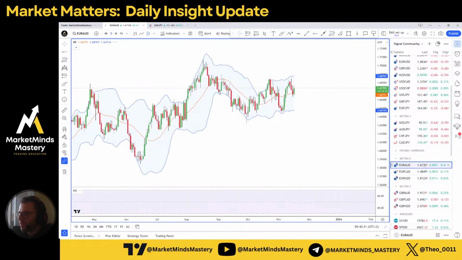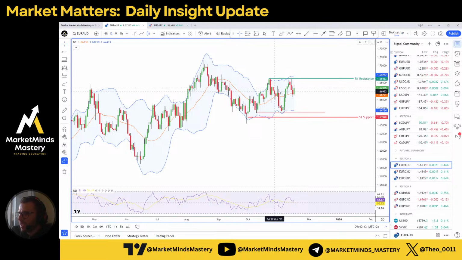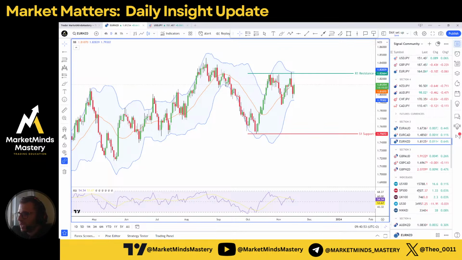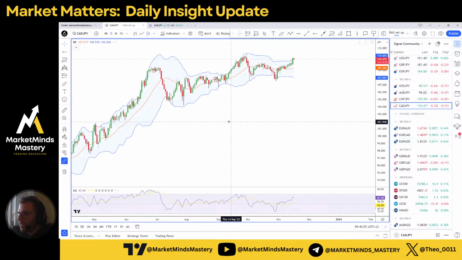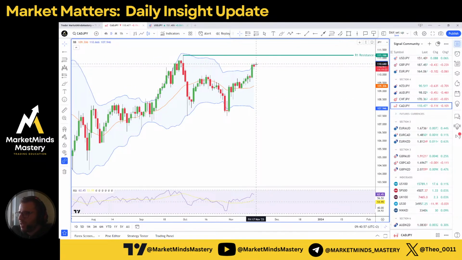We talked about the Euro Aussie that it's just in this range here, so we don't have a strong bias on this one. After the price didn't follow through to the downside on the euro, New Zealand the same. On the Canadian dollar JPY, the price is at the upper band. There is still room for the price to move higher.